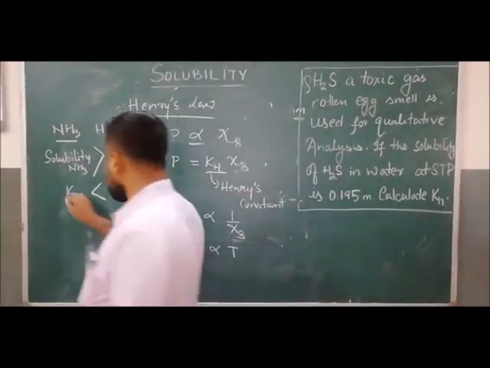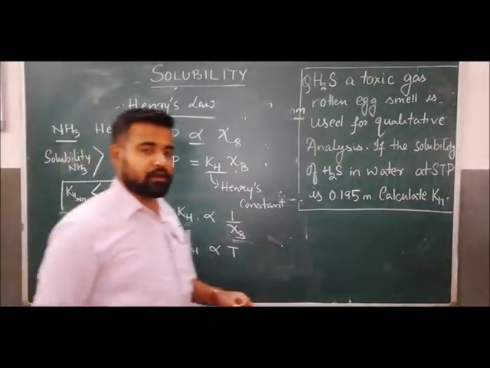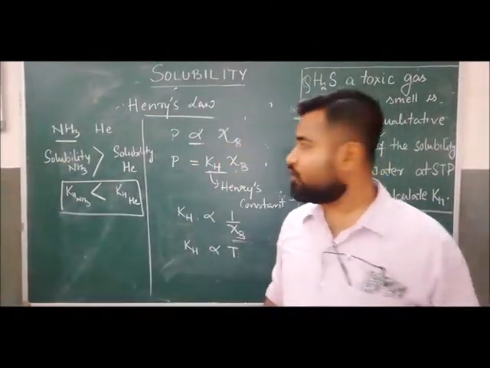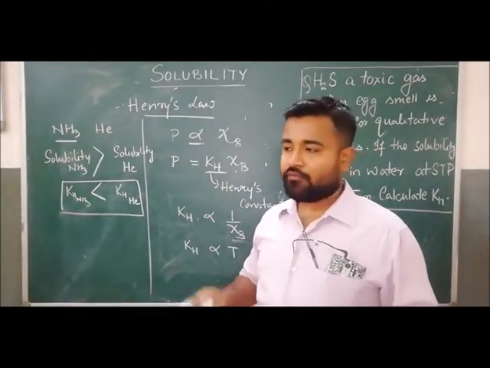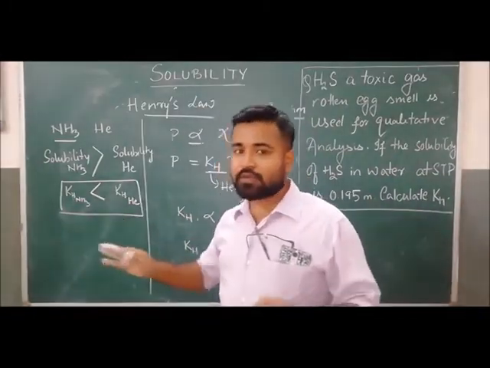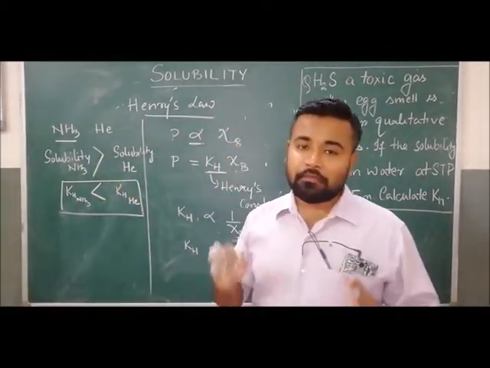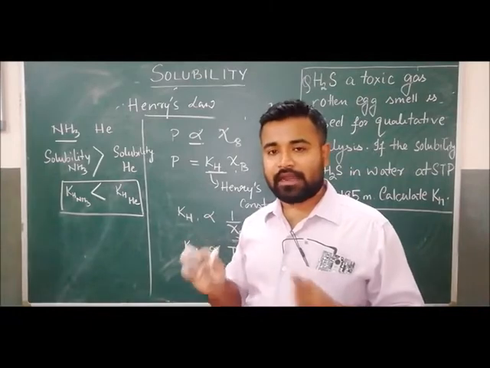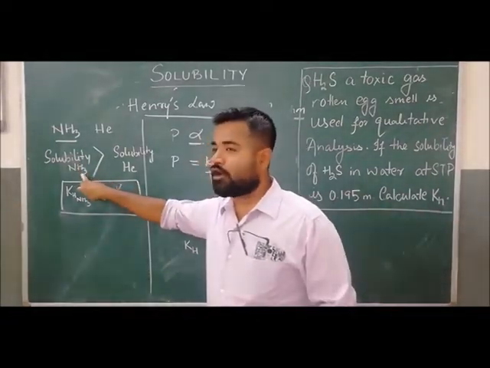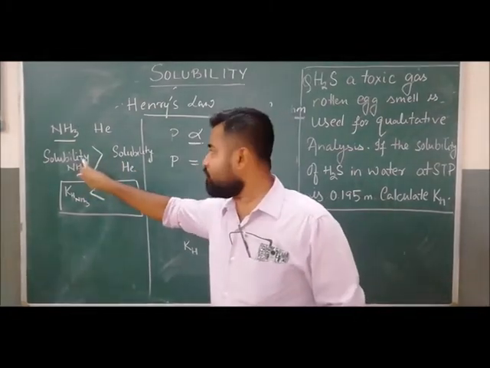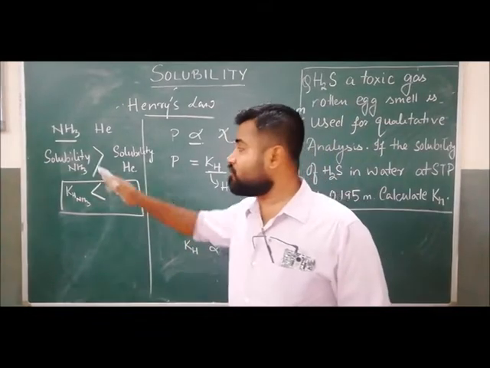So what does it signify? It signifies that the gas whose KH value is smaller, whose KH value is low, is more soluble in that particular solvent. For a particular solvent, the gas which has the lower KH value is more soluble in that solvent. Here we can see the solubility of ammonia is more in water than that of helium, because ammonia forms a hydrogen bond with water.